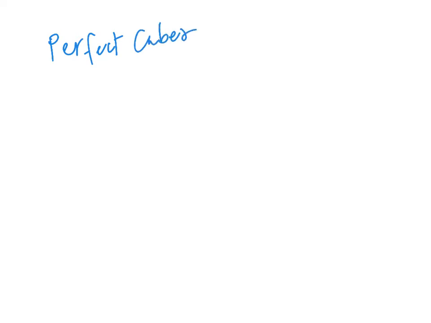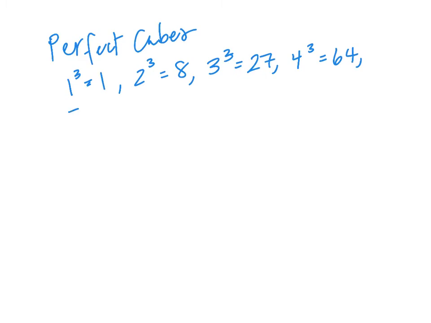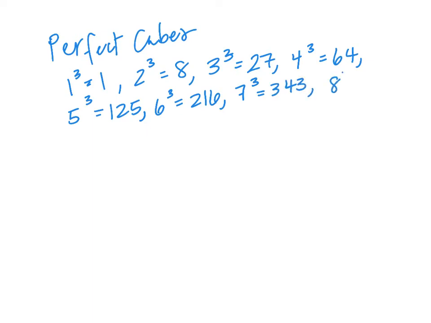Okay, so some of our perfect cubes: 1 cubed is going to give us 1, 2 cubed gives us 8, 3 cubed gives us 27, 4 cubed gives us 64, 5 cubed gives us 125, 6 cubed gives us 216, 7 cubed gives us 343, 8 cubed gives us 512, and let's stop there.